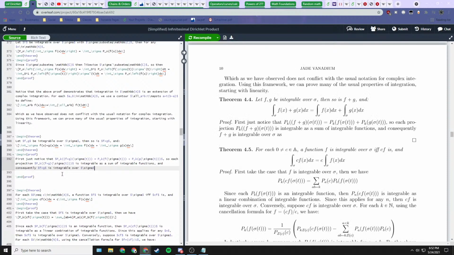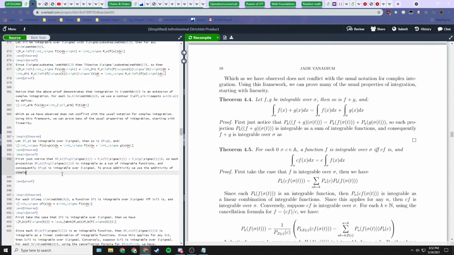So once we have this, to prove additivity, we use the additivity of complex integration.